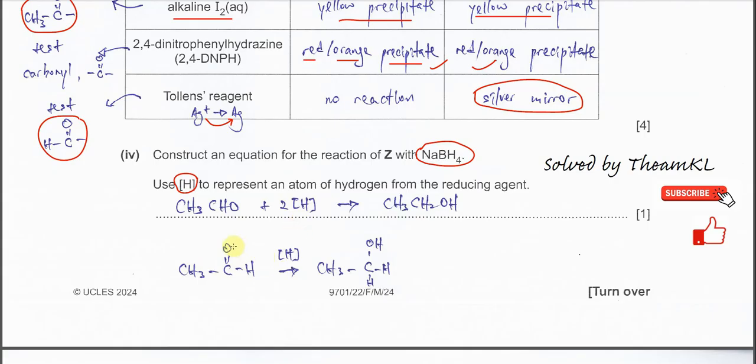So this oxygen will get 1 hydrogen, and this carbon will get 1 hydrogen, so the pi bond is gone. So it will form this ethanol. So when this ethanal is reduced by the sodium borohydride, it adds 2 hydrogen at these 2 places. Right, so this is the equation.